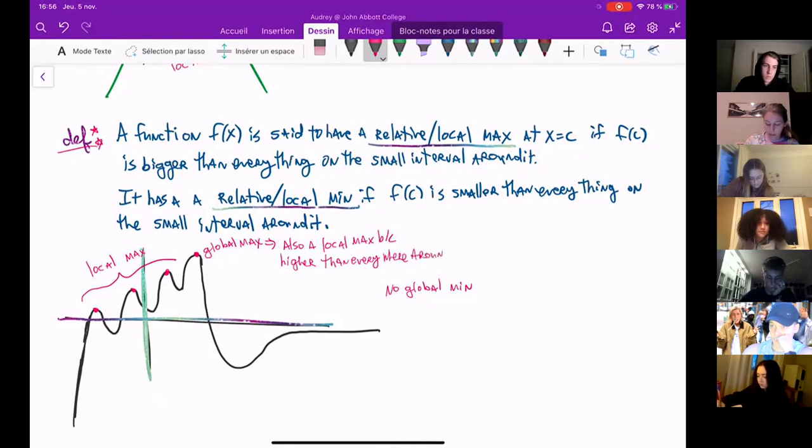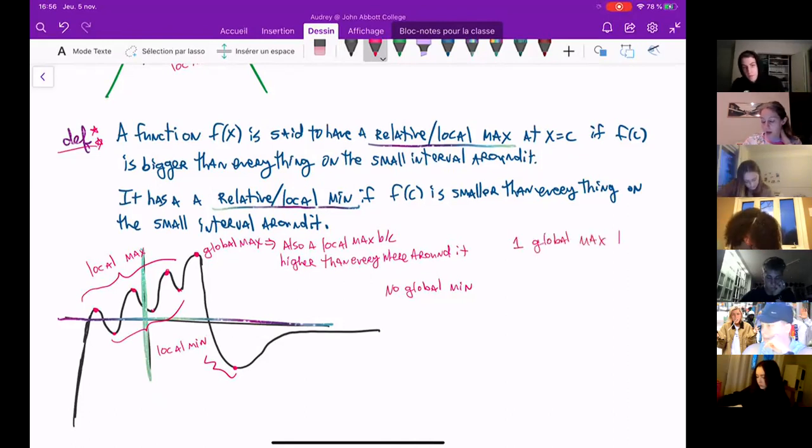How many local mins does this have? 4. You got it. So there's 1, 2, 3, but then we have another one right here. So these are all local min. So I have one global max that is also a local max.